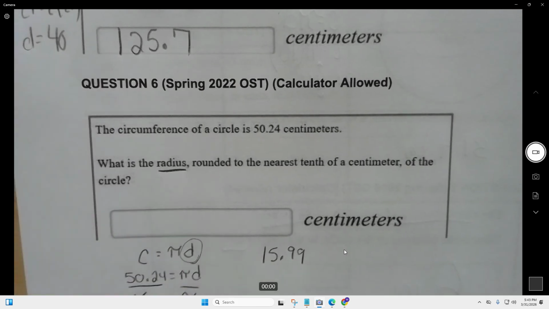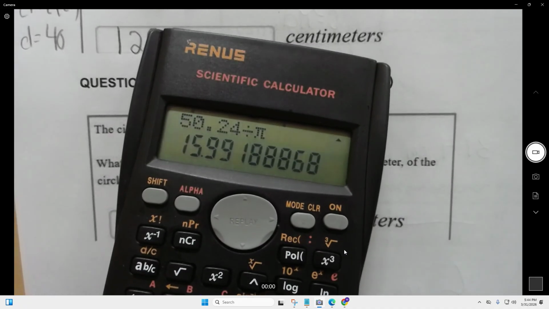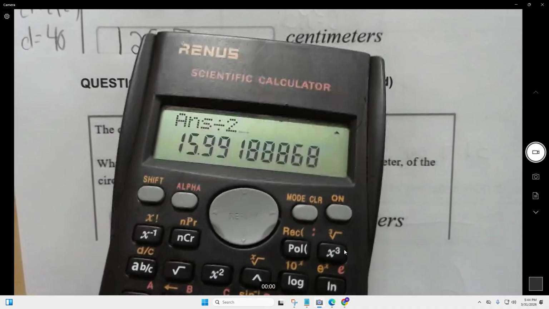Okay, so if you can be given a radius and you can double it to find the diameter, then conversely, the opposite of that would be if you're given a diameter, you can divide by 2 to find the radius. So let's take our diameter that we found, 15.99, and we'll just divide it by 2.